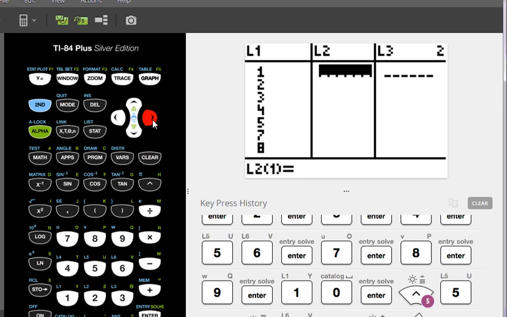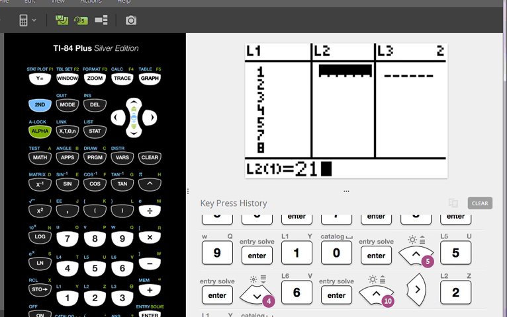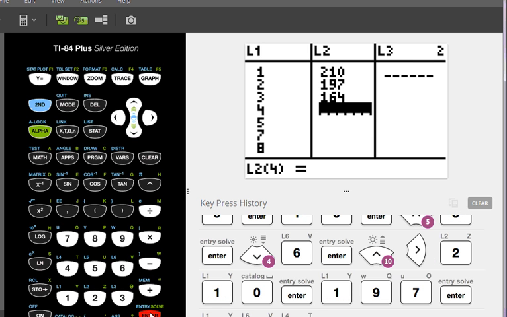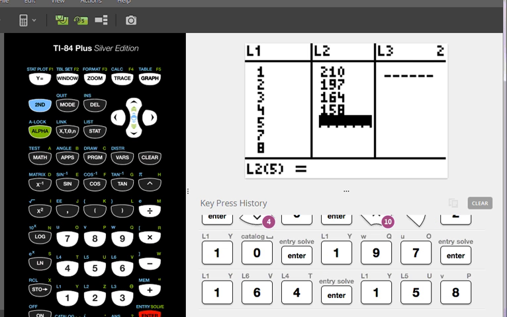So with 1, I'm going to put in 210, for this one, I'm going to put in 197, 164, and number 4, I'm going to put in 158. That's the only thing. When you get going fast, you're not looking, it's really easy to make a mistake.